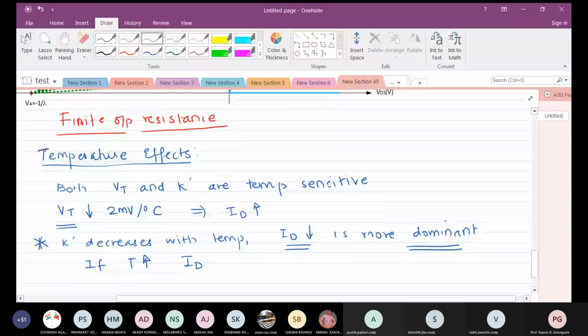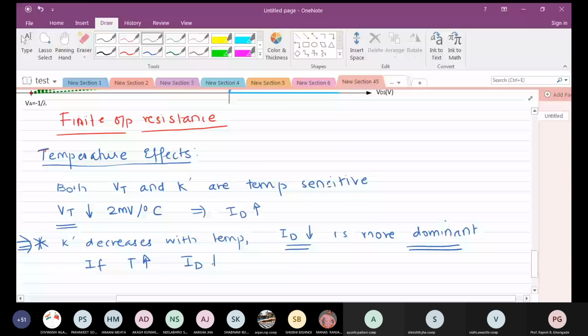I said this effect is more dominant. So if temperature increases, K dash decreases, so ID will also decrease. Since this effect is more dominant than the Vt effect, ID will decrease.